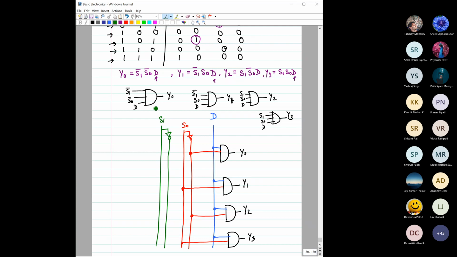Similarly, for S1, it is this S1 bar that was connected with this, right? For the next one, it is also S1 bar, right? For the third one and the fourth one, it is only S1 that is connected, right?